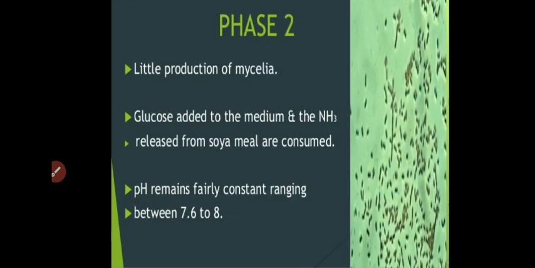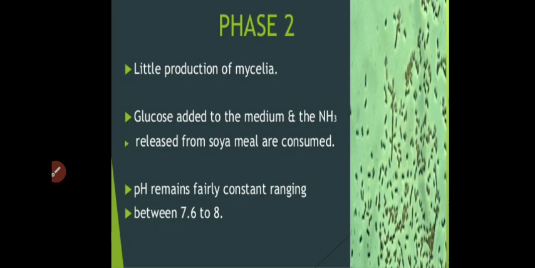In phase 2, the production of mycelium is decreased, or only a little production of mycelium takes place. Here the glucose added to the medium and the NH3 released from the soya meal are consumed by the bacteria.